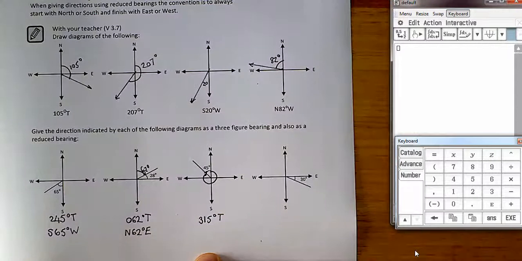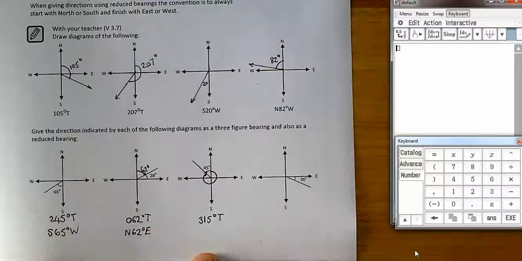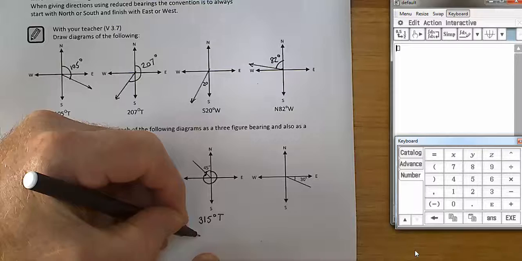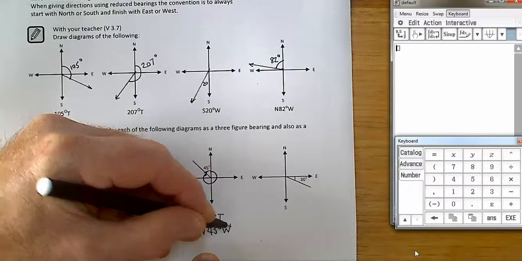Yes, that is right. Okay, now to give that as a reduced bearing, remember, start with either north or south, finish with either east or west. Starting from north, rotate 45 degrees towards the west. North, 45 degrees west.